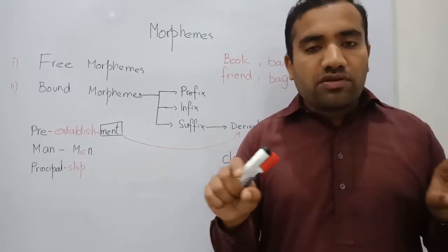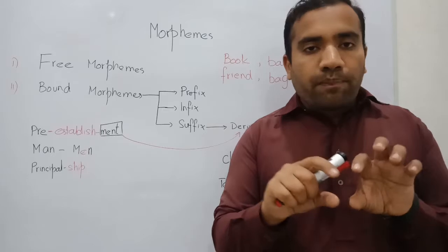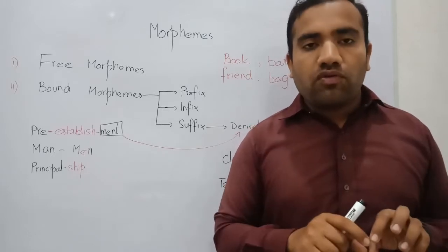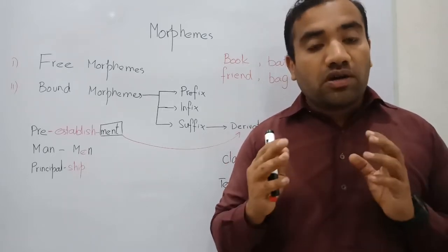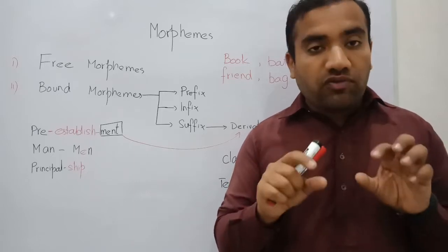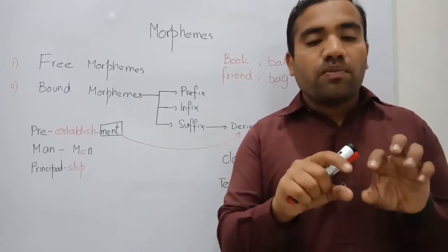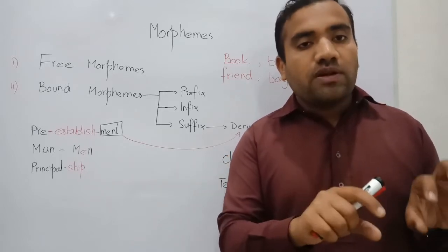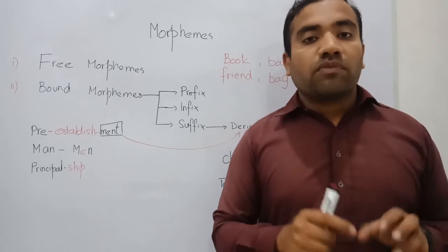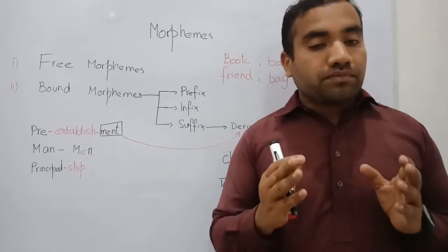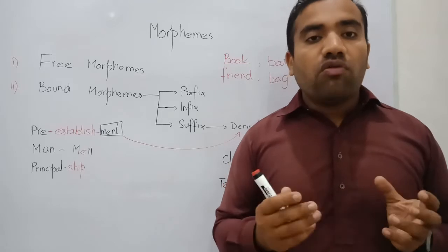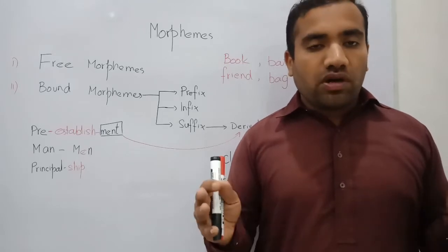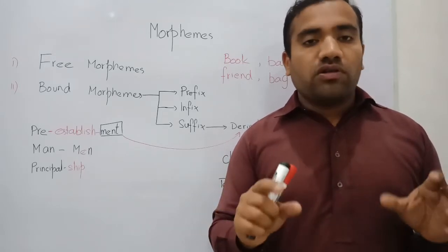On the basis of these two portions within the word, we have the next module, that is morphology. And when we attach these parts of the word with other parts, this tells us how we can join the parts of the word, the morphemes.